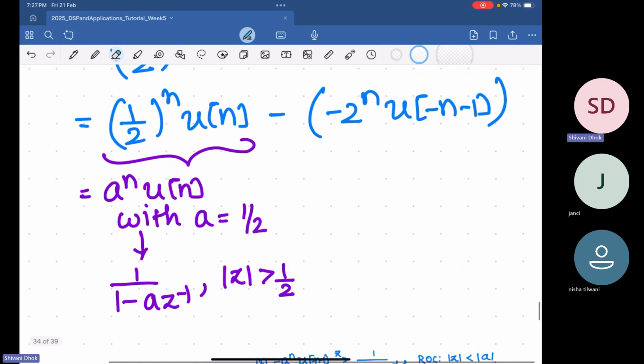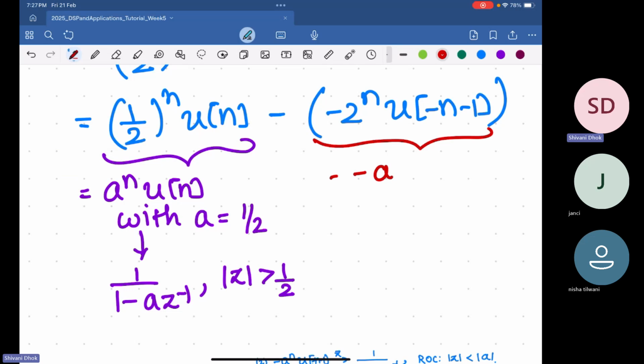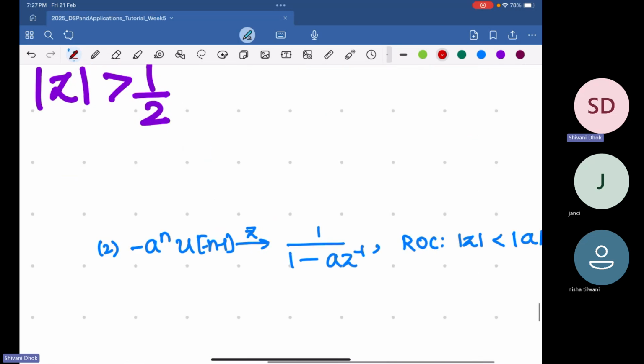Now you look at the second part. This is equal to minus a power n u of minus n minus 1 for a equal to 2. So now just focus on this: minus a power n u of minus n minus 1.